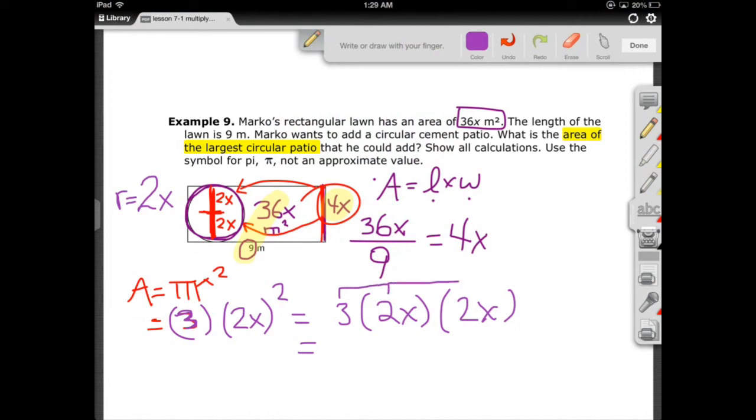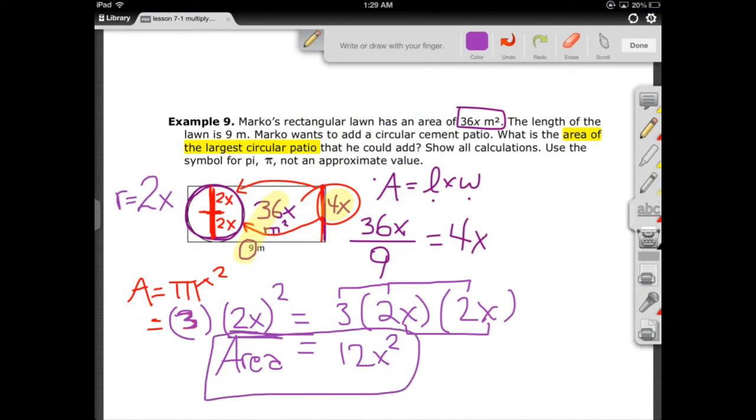So that's 6 times 2 is 12, and x times x is x squared. So what you're left with is that the area, if you're going to use 2x as the radius, is 3 times 2x squared, which simplifies right down to 12x squared.